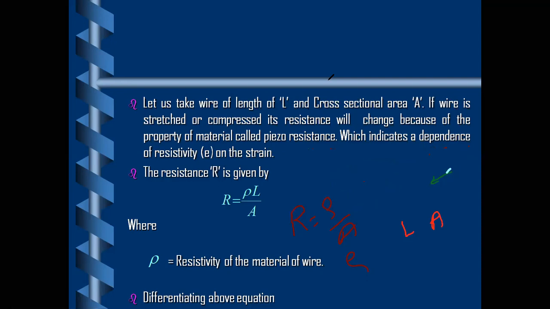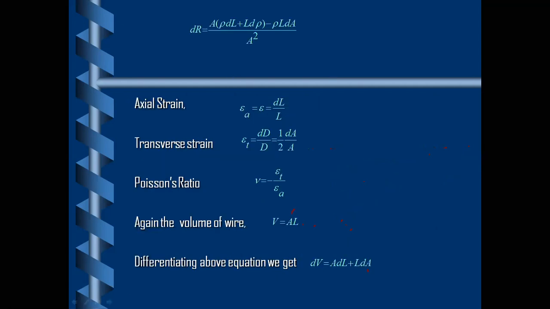I will not go into that much depth because it will consume much more time. Now, if we differentiate that equation, where R is equal to rho L by A, you are going to get this particular equation.